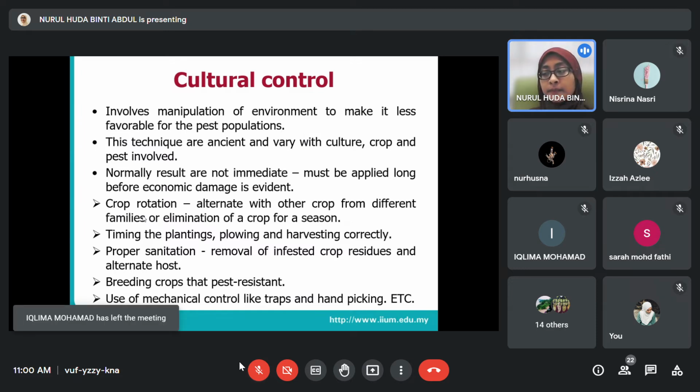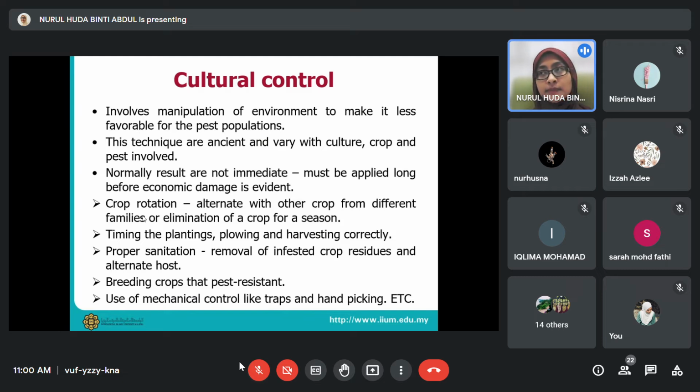Kan macam for example like yang previously we have brown plant hopper, green plant hopper. How to control using cultural control, you can do simultaneous planting. Maksudnya kamu tanam serentak instead of tanam berperingkat because this pest can move around kalau kamu tanam berperingkat kan. Okay, so we usually suggest to do simultaneous planting for this hopper, okay, but not for other pests.